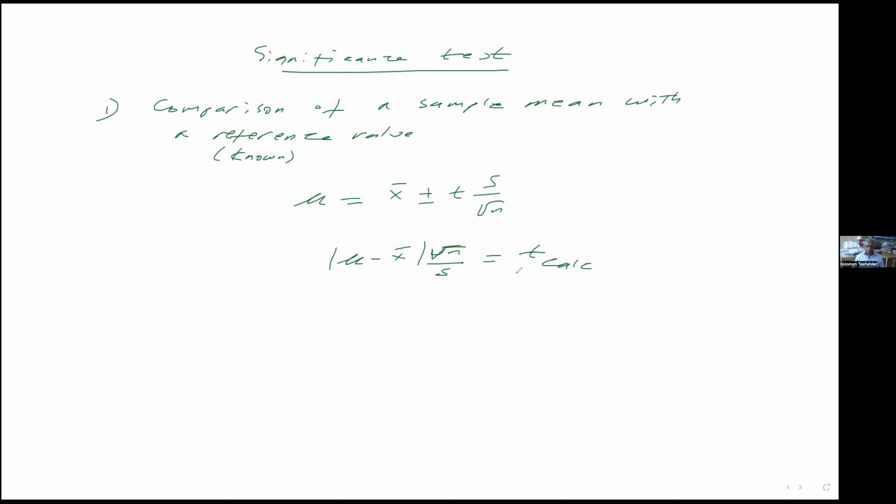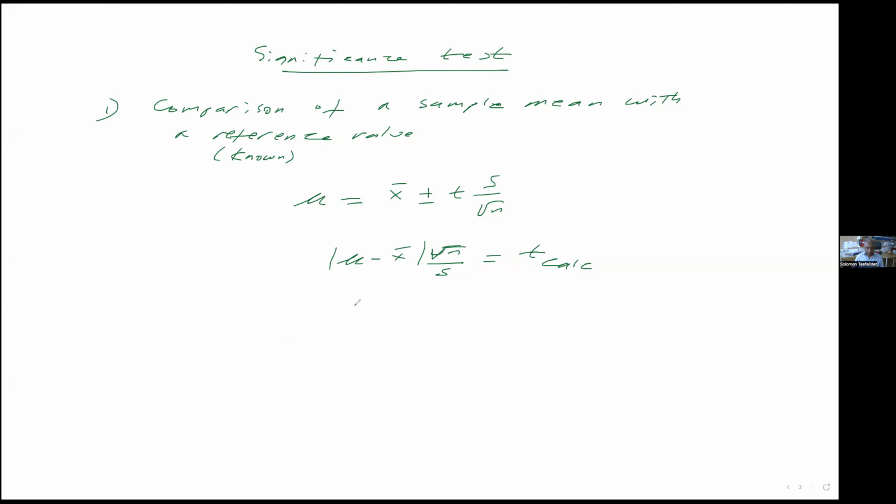So what we do now is that we subtract the average, which we have calculated using 5 or 6 measurements, and then this is a true value for the reference material from the certificate. We buy this reference material, and with that reference material, we have a certificate. This reference material contains this amount of arsenic, for example. And then we put that value here. This is our value, and then this is the number of measurements which I have made, and this is the standard deviation.